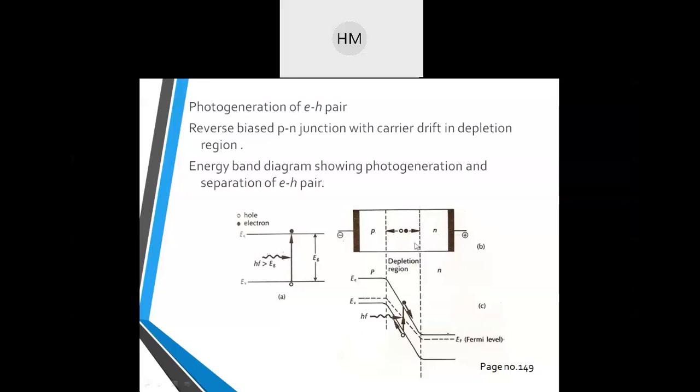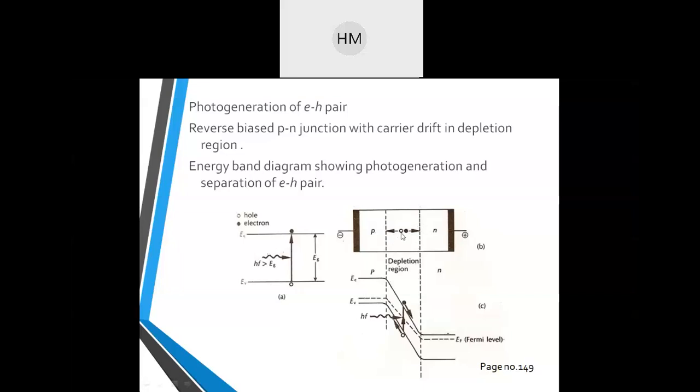So the depletion region should be very thick so that it can absorb light, a large fraction of incident light, in order to achieve maximum carrier pair generation. Speed of operation is inversely proportional to the width of the depletion region.